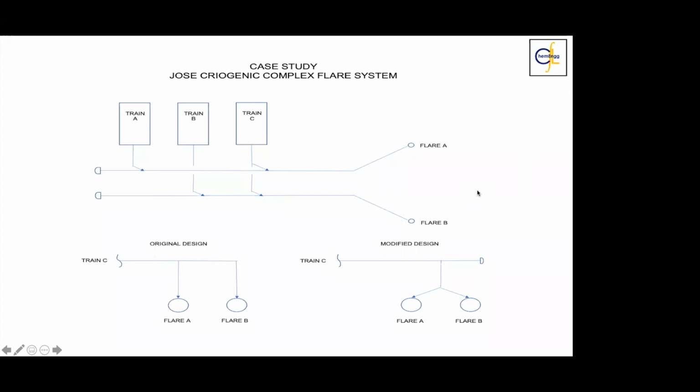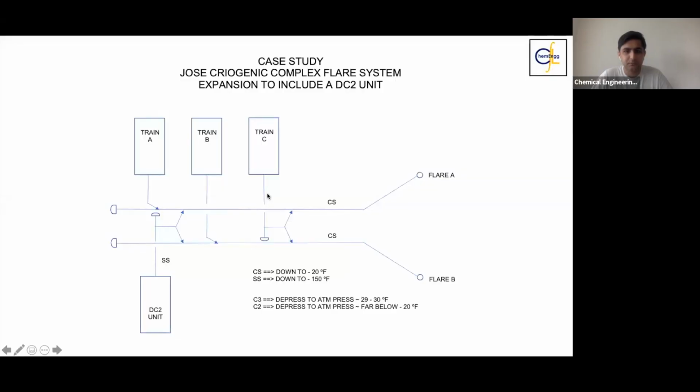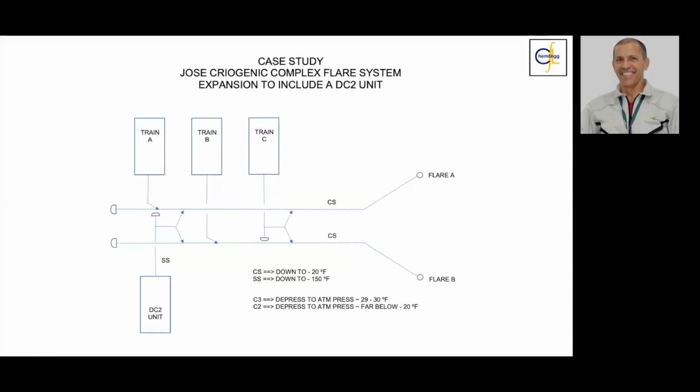Not necessarily. I'm not sure if the question is talking about this system or the other one that includes the DC2. I think it is this one, because this was our proposal. So this unit, because of the temperature and the selection of materials, gets a dedicated flare header, not using the existing one.